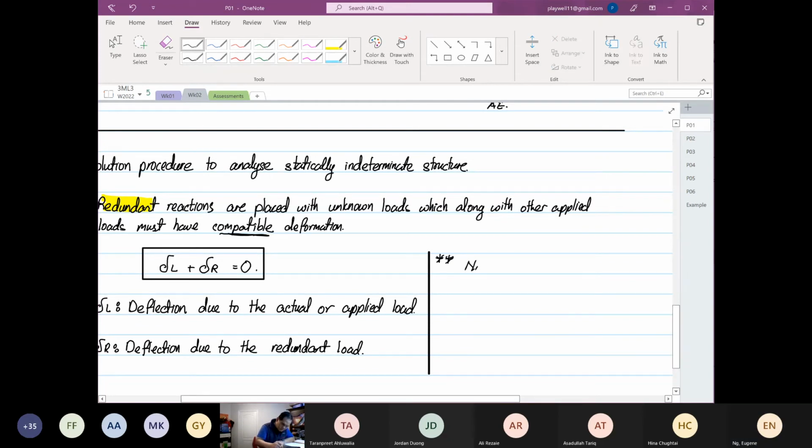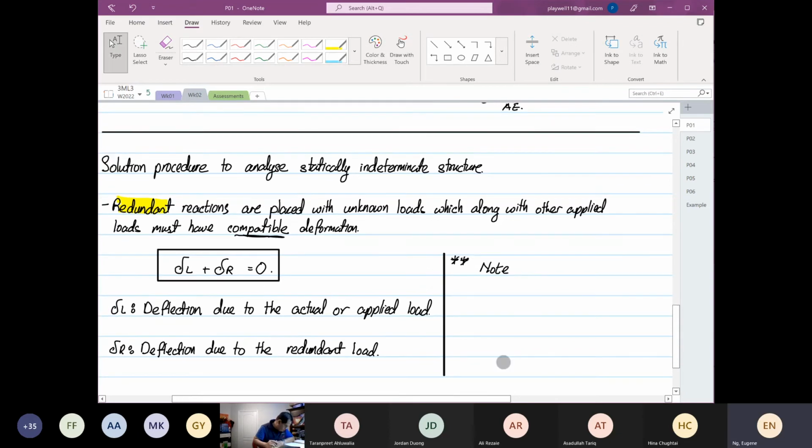Note that delta L, the deflection due to the load, and the deflection due to the redundant load are always opposite in direction. And rather than load, I'll emphasize the summation of the applied load.